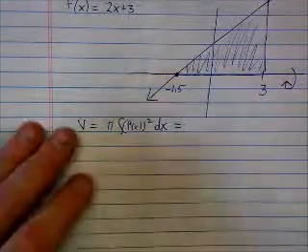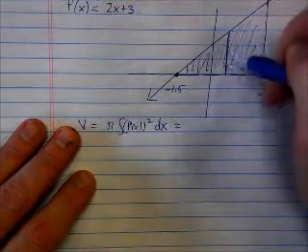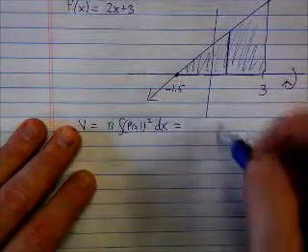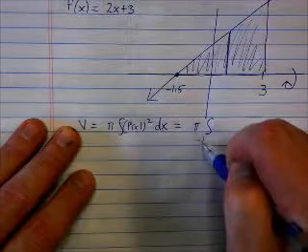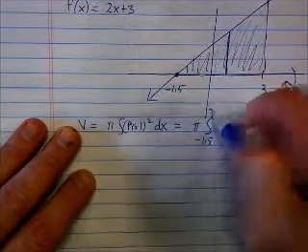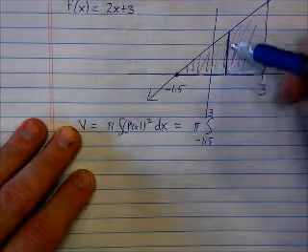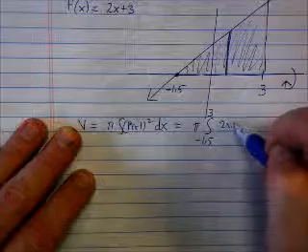Again, think of what happens when you take one tiny little strip and spin it around, you get a little cylinder. So we're going to have pi, the integral from minus 1.5 to 3 of the height of the strip. How long is this strip? It's f of x, it's 2x plus 3.